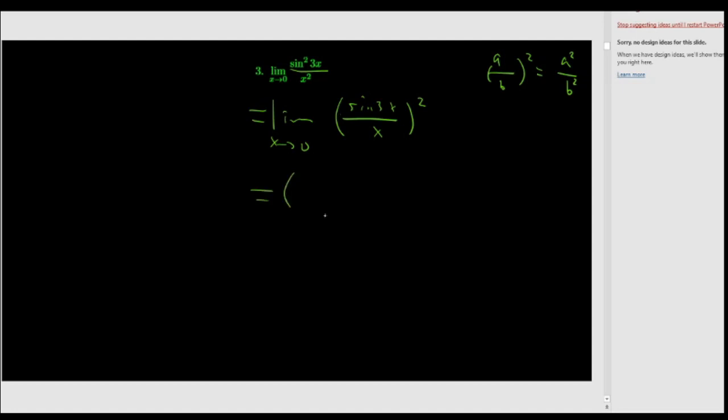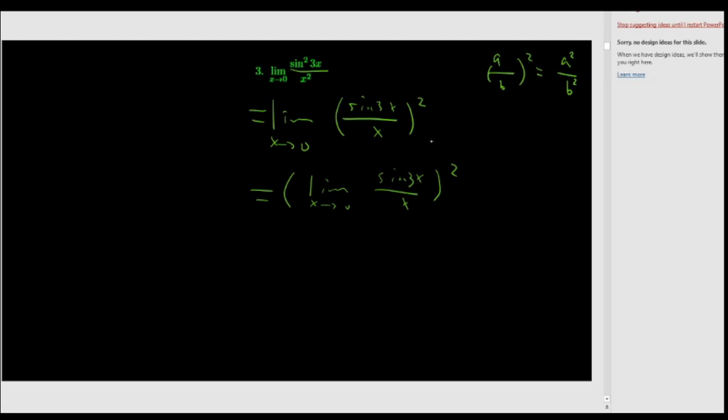I'm pretty sure you can remember that. Okay. So basically, the limit of that is equal to the limit as x approaches 0 of sine of 3x over x, the whole thing squared. Again, the first step I was trying to use that property. The second step I was using a property we learned in Math 101.